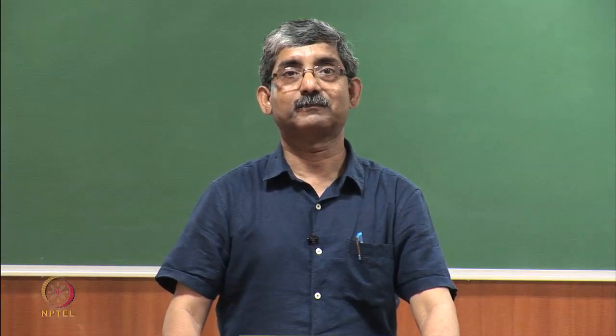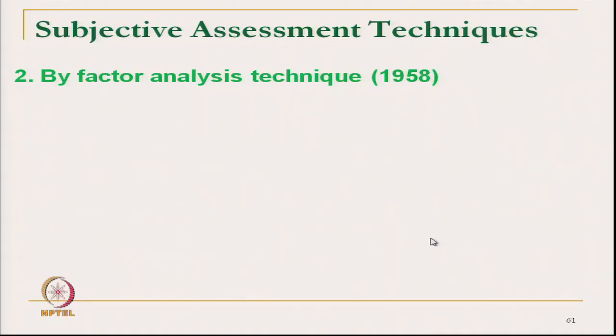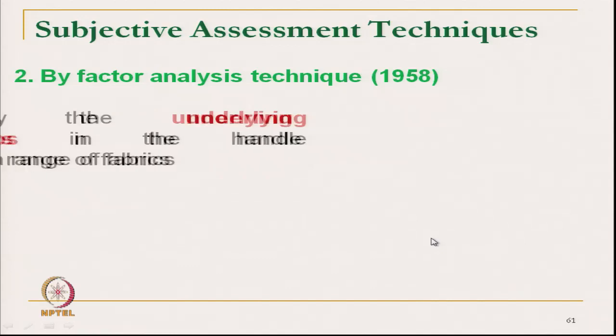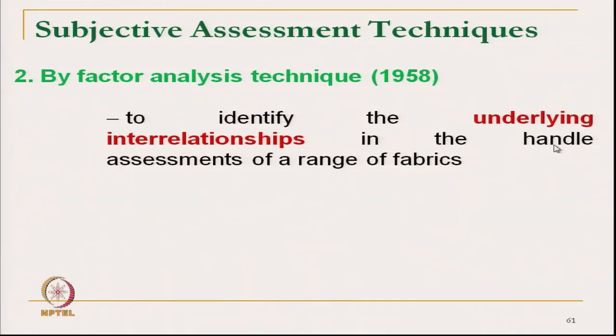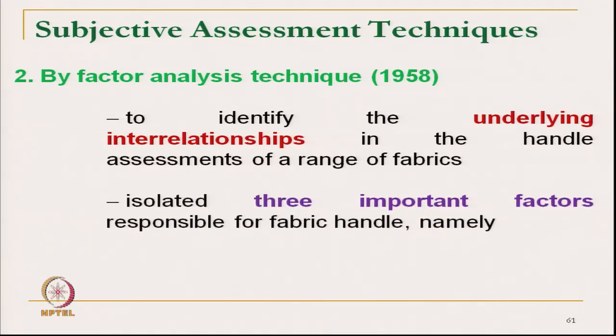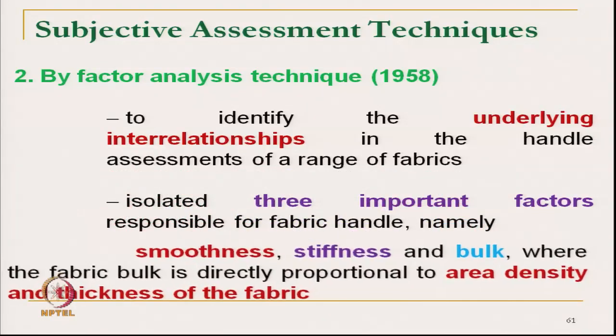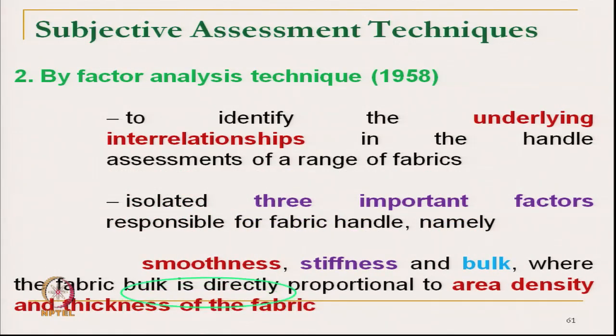After that, a factor analysis technique was reported in 1958. There are different underlying interrelationships between fabric handle characteristics that were reported. They isolated three important fabric handle related aspects. These are the smoothness of fabric, stiffness and fabric bulk.